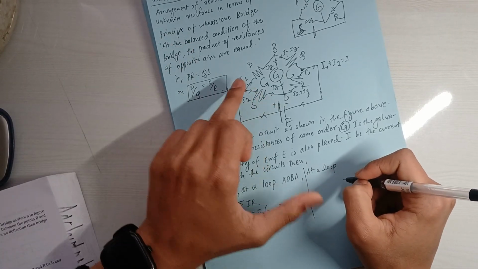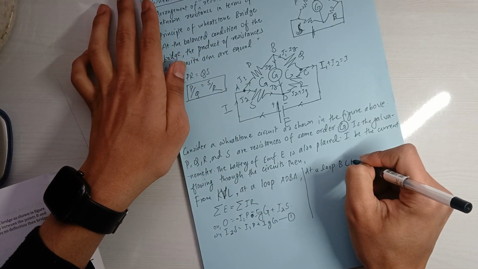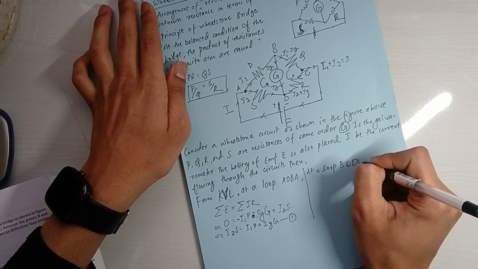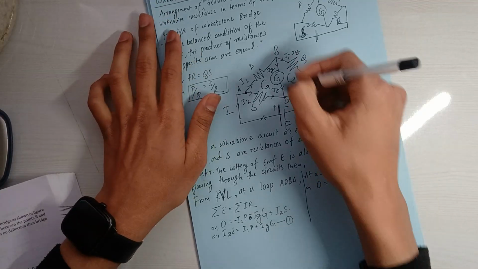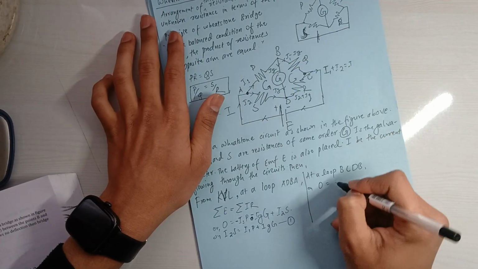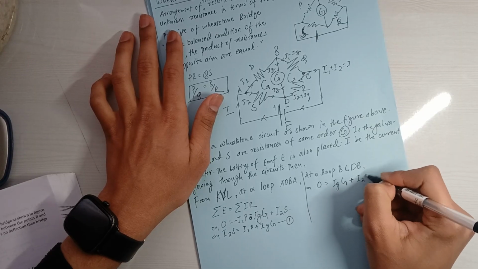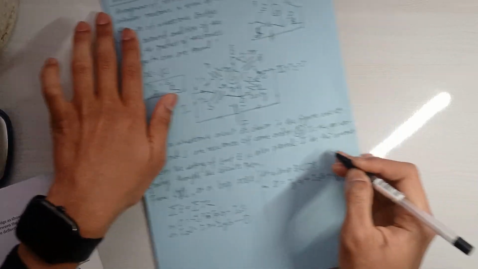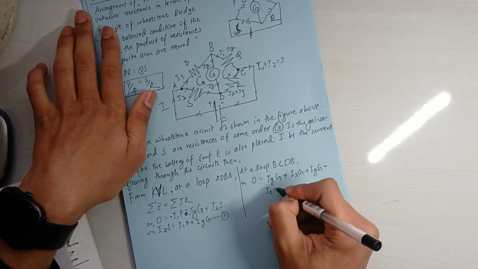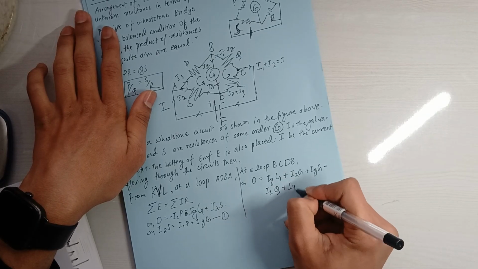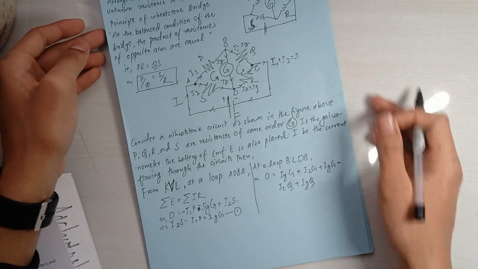At the loop B, C, D, B, the same thing will happen. 0 will be equal to, here the direction is positive, so IgG plus I2R plus IgG, and it will be opposite to only this, minus I1Q plus IgQ. That is what is happening.